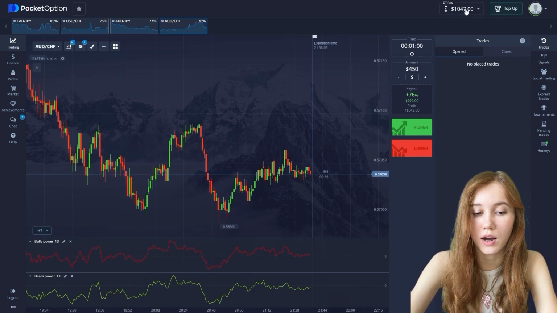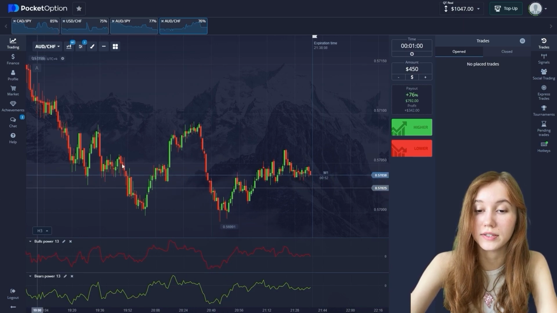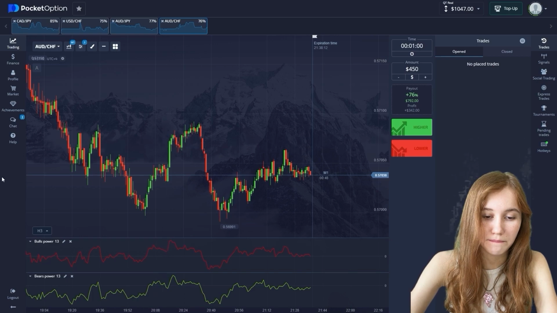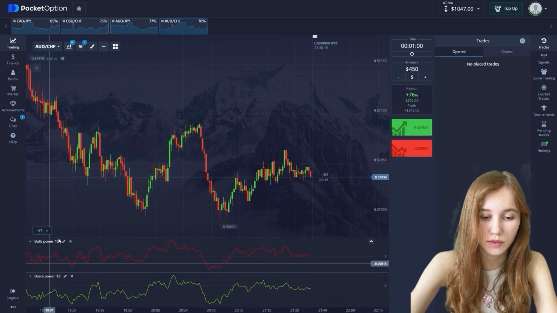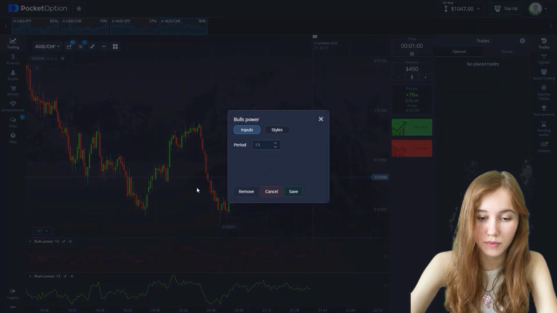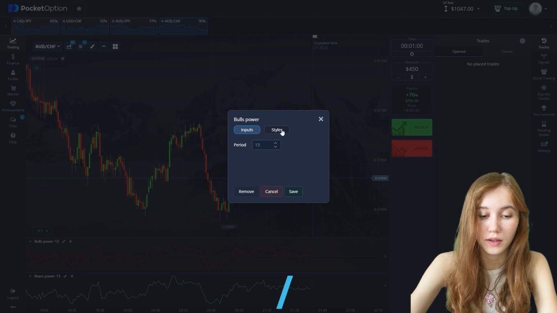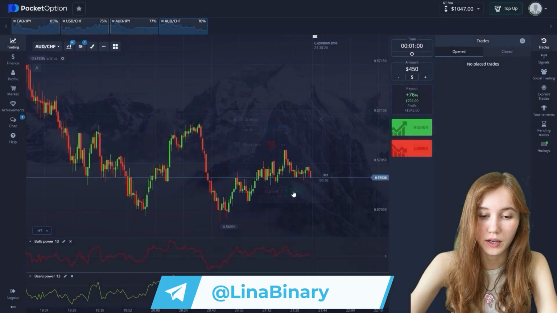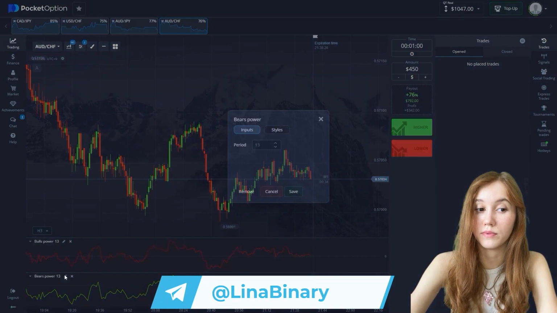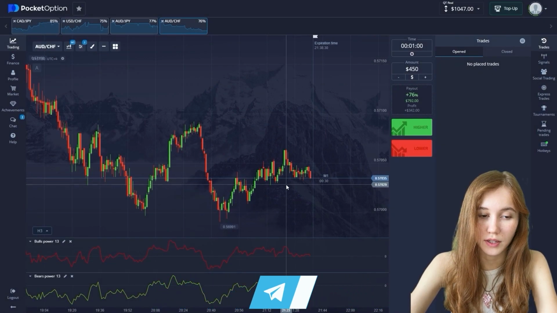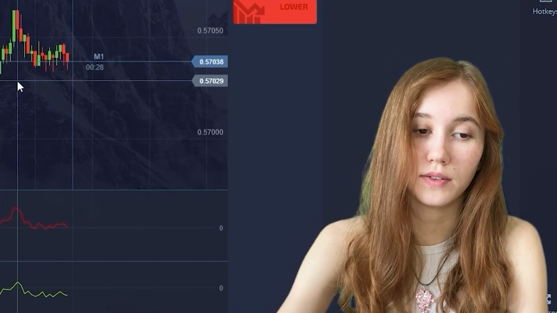We increased our balance to more than 10 times. It's very good. Our indicators, 2 indicators, bulls and bears power. Our deal was just $500, and we achieved our goal. So I think that's it.